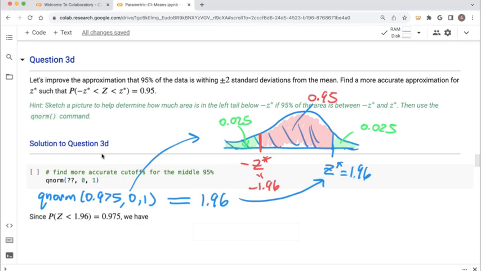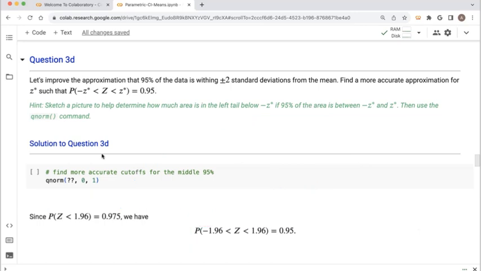And in between those two values sits the middle 95% of the area. So that 2 was a bit of a rough estimate, actually within 1.96 standard deviations above and below the center of the normal distribution, we have 95% of the data.